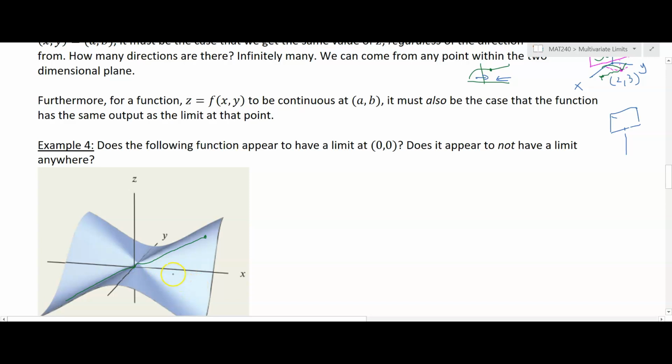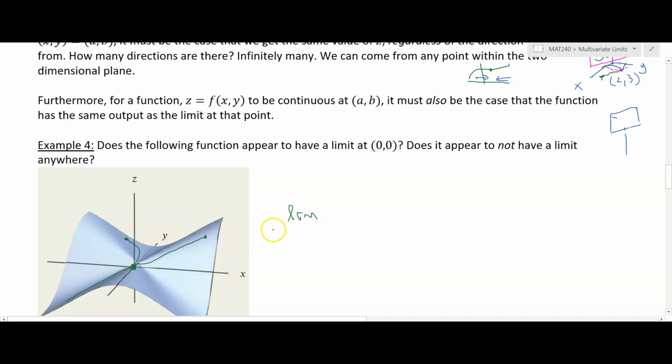Now we're using our intuition here. It just appears that regardless of which path we take, imagine this to be a mountain, and we're all walking towards the point x equals 0, y equals 0. Another person could start over here, and they maybe just decide to take this path right here. Well, as they approach x equals 0, y equals 0, it appears that the limit as, well, how do we write this?